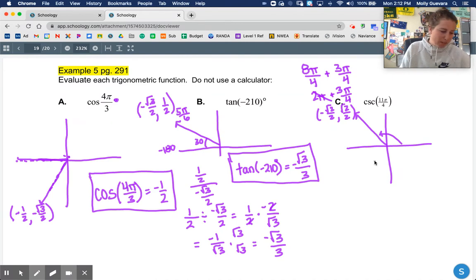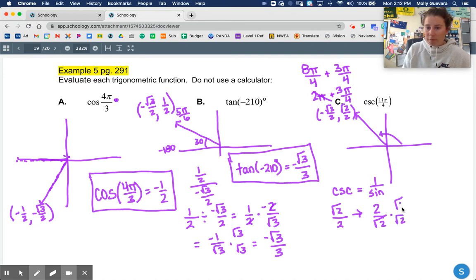So that's great. Now I want cosecant. Cosecant, if we remember, is 1 over sine. So I'm going to take my sine, which is positive root 2 over 2, and take the reciprocal of it. So 2 over root 2. Can't have root 2, so I'm going to multiply by root 2 over root 2. And I get 2 root 2 over 2.